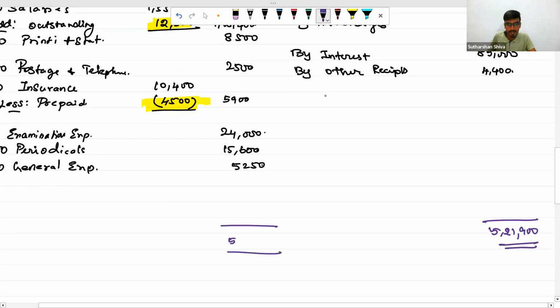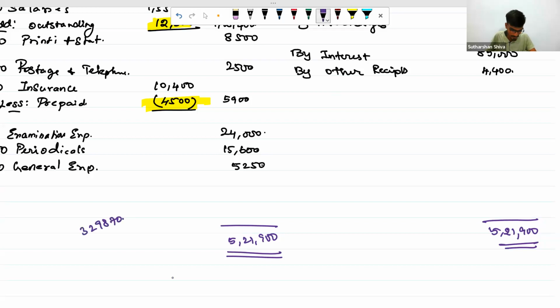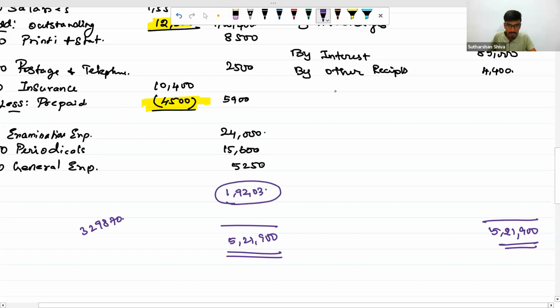Here also it is 5,21,900. Now do the balancing. The debit side total is 3,29,870. Subtract it, minus 3,29,870. You will get 1,92,030.